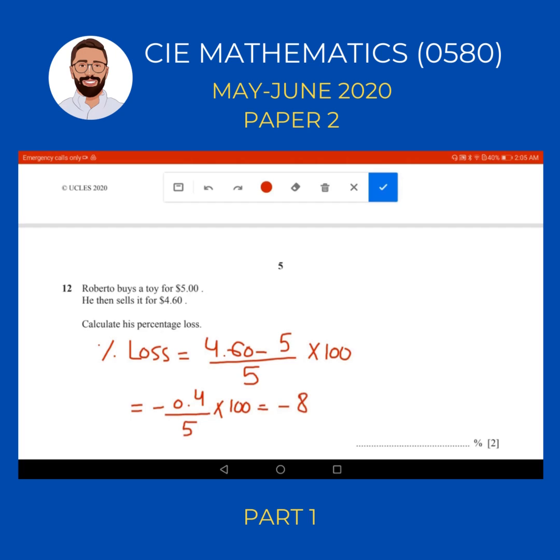So that's the percentage loss. Now, when you want to write your answer, you don't include the negative sign, because saying percentage loss indicates the negative sign. So you say it as 8%, not negative 8%. So the final answer here is 8%. So the percentage loss is 8%.